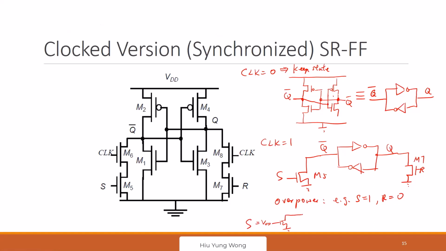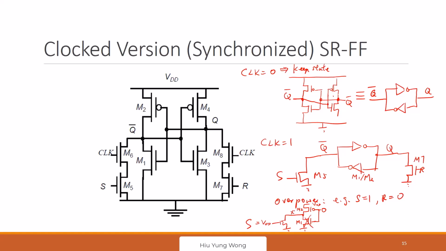And then the problem is M1 and M2, right? They try to keep the original value. Maybe it was at 1, so M2 will try to compete with me, right? Remember here, I do have M1. This is M2. This is M1, but M1 is at off state, right? Because the input is 0.